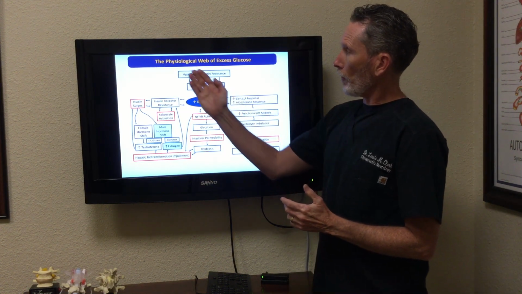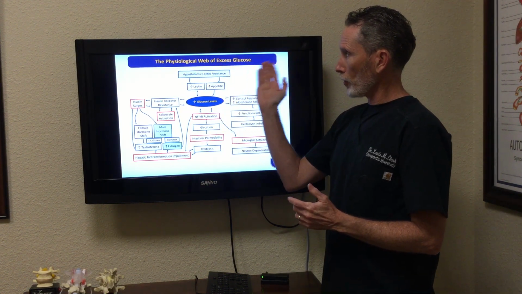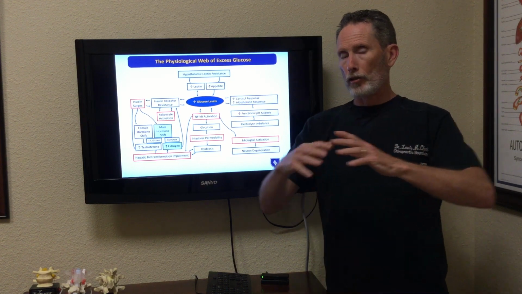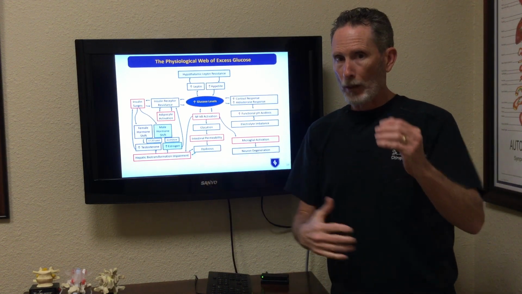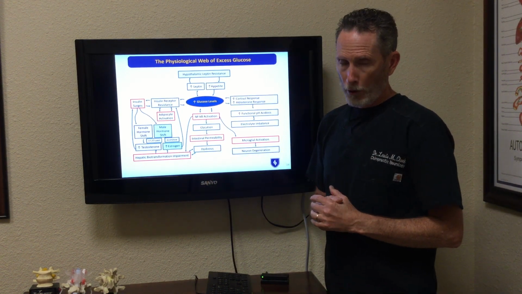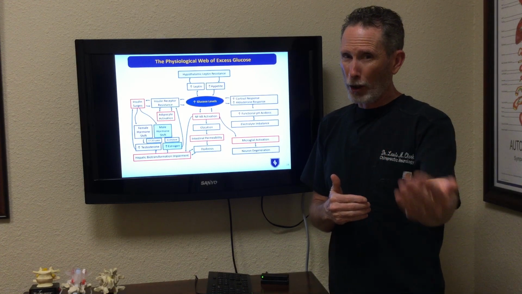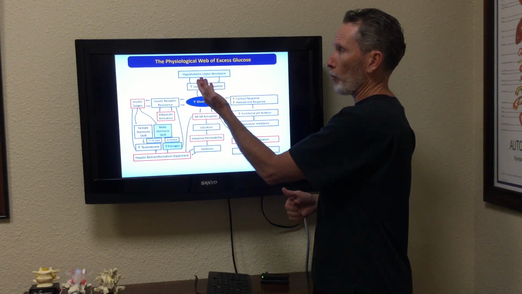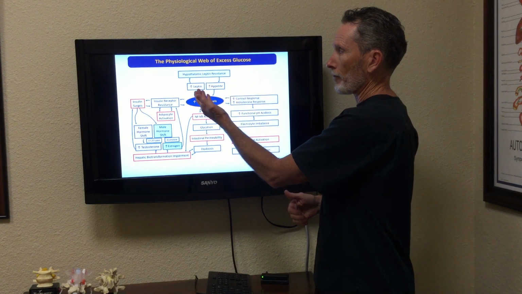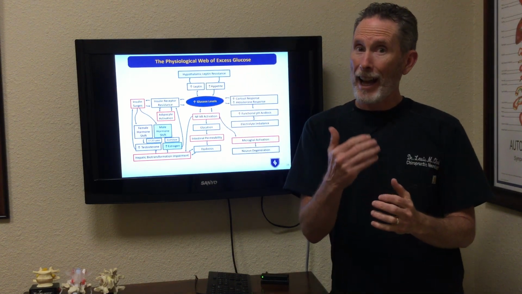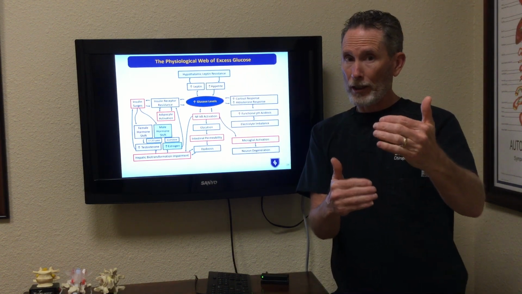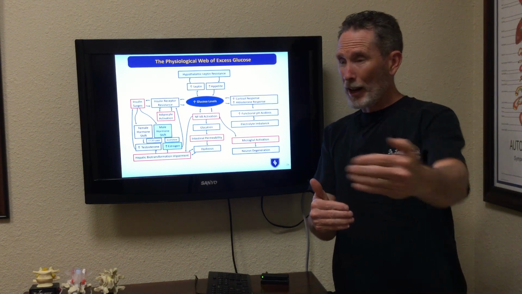I want to look into the physiological web of excess glucose because I want you to understand this is way more widespread than what you probably initially were taught and maybe even told by your doctor. Number one, whenever you have elevated glucose, you're going to have an increase in appetite. Leptin is going to increase, which is going to give you an increased appetite.